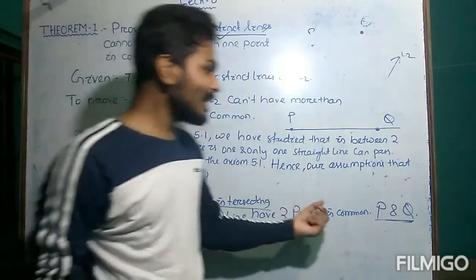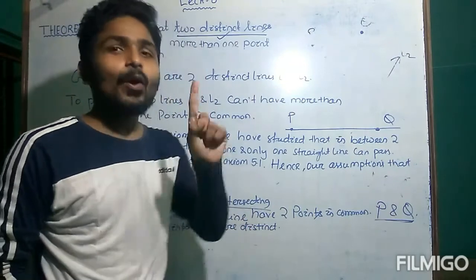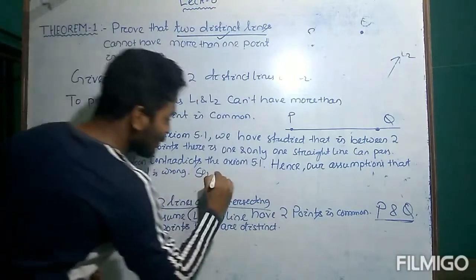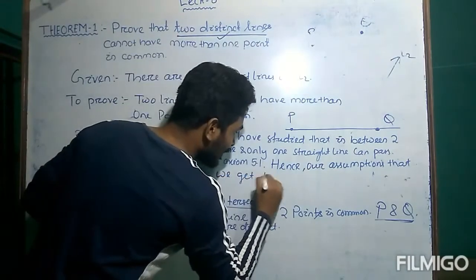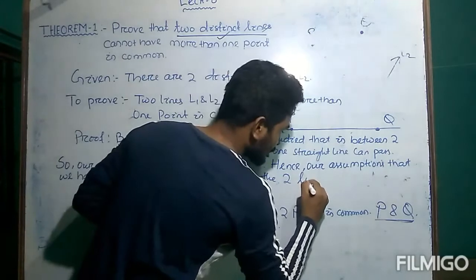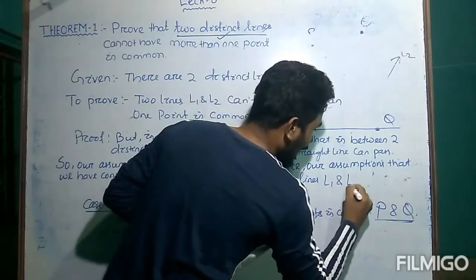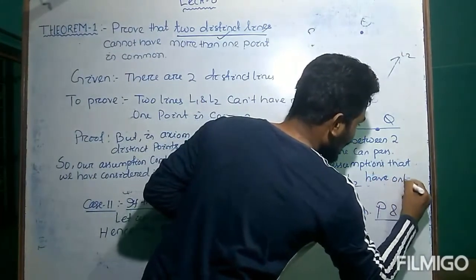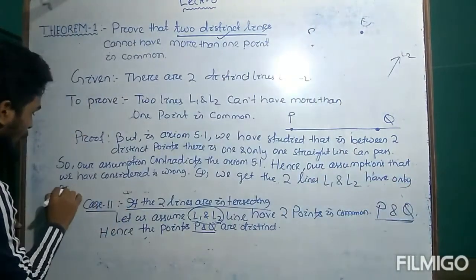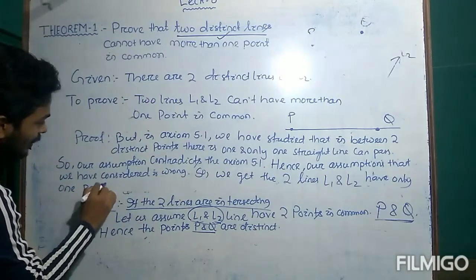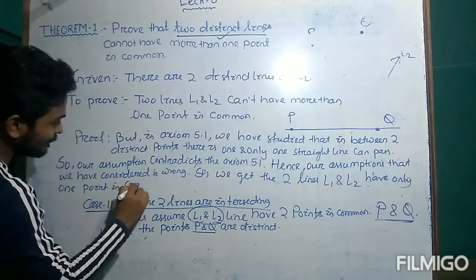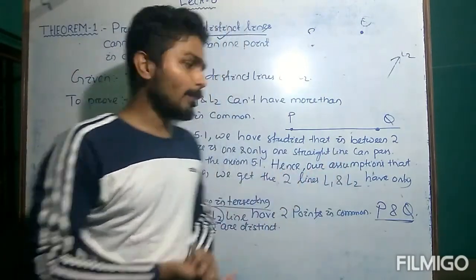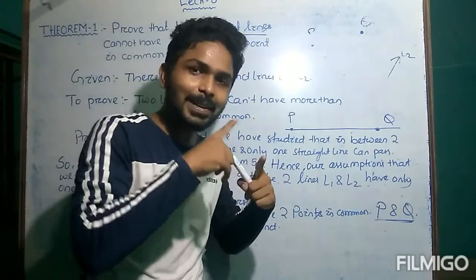We get that the two lines have only 1 point in common, not more than 1 point. So we get that the two lines L1 and L2 have only 1 point in common. They don't have more than 1 point in common. They have only 1 point through which they can pass.